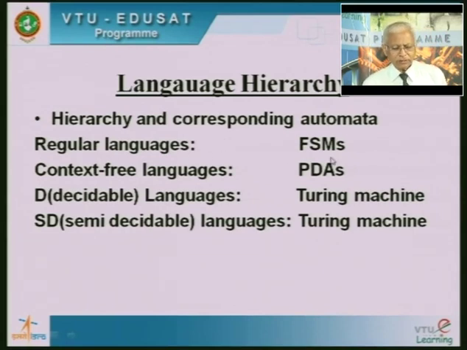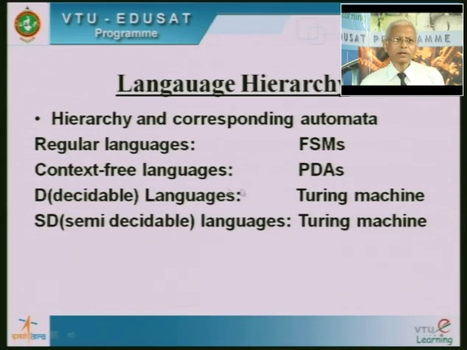So far, in chapters 1 to 5, we have seen finite state machines, and finite state machines accept regular languages. Next you are going to study pushdown automata, which accept context free languages. Then you have Turing machines, which accept decidable languages.